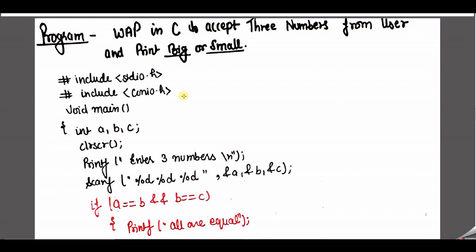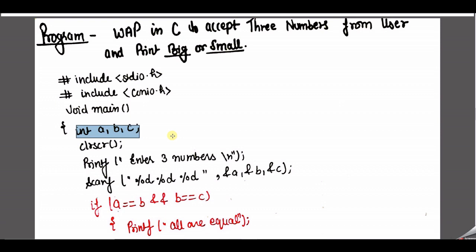So first of all, to store the three numbers, we need to declare three variables. Here I just take the three numbers of type integer, not floating point, because our main concentration is on logic, not on which type of data I need to take.